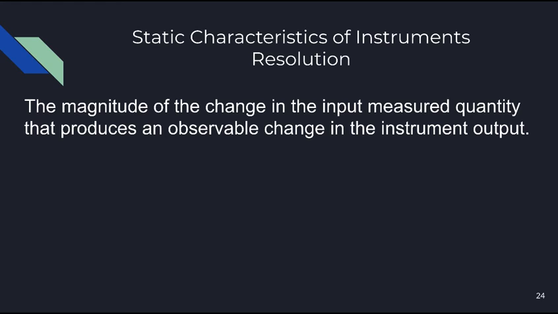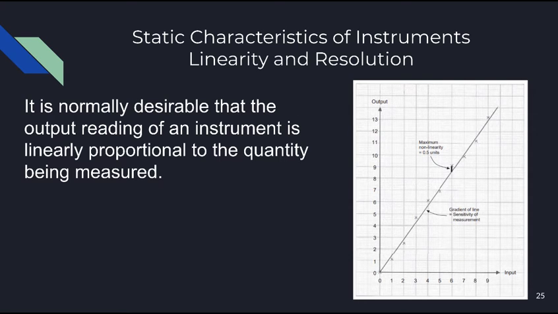Using a car speedometer as an example, and I'm talking about an analog one. Most of them are digital, but think of an analog one. This has subdivisions of typically 10 miles an hour. This means that the needle is between the scale marks. When the needle is between the scale markings, we cannot estimate the speed more accurately than to the nearest 5 miles per hour. This 5 miles per hour thus represents the resolution of the instrument.